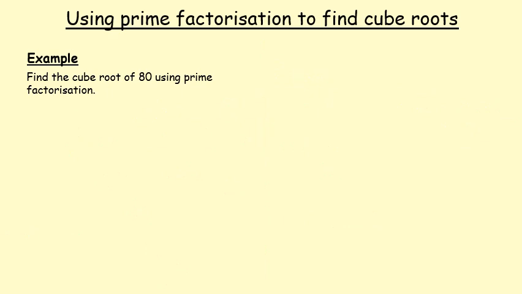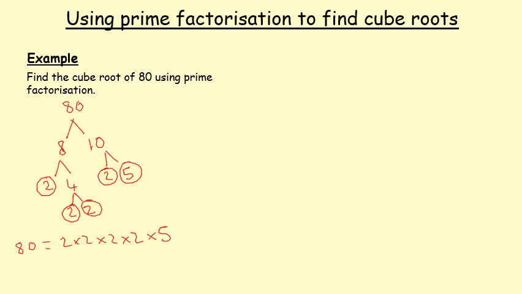Okay, and this is going to be an example of where it's not going to end up being a nice cube number at the end, and we're going to look at why. So let's start by breaking this down into product of its primes. Okay, so once we do that, we should end up with this. So this is another reason why it's really important that you're writing your prime numbers in order of smallest to biggest, because it makes it so much easier to see your triplets here, okay? So we're looking for triplet numbers.